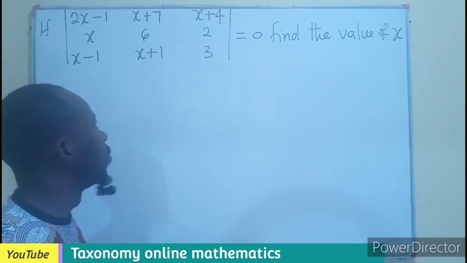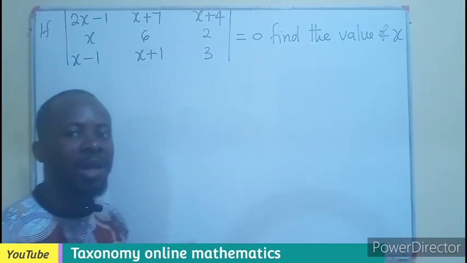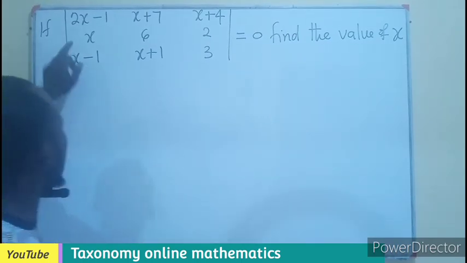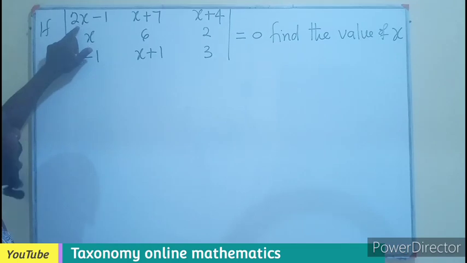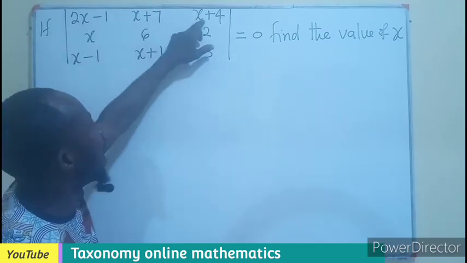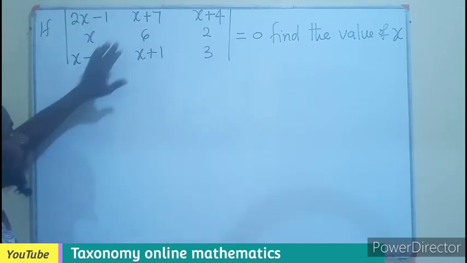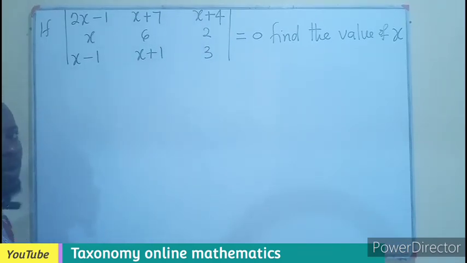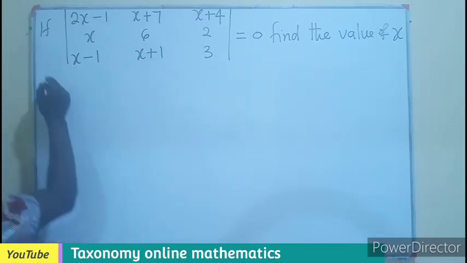So for us to be able to find a determinant of 3 by 3, we know we break it down to 2 by 2 matrices using the plus, minus, plus for the first entry, the second entry, plus the third entry being positive. So let's get started.